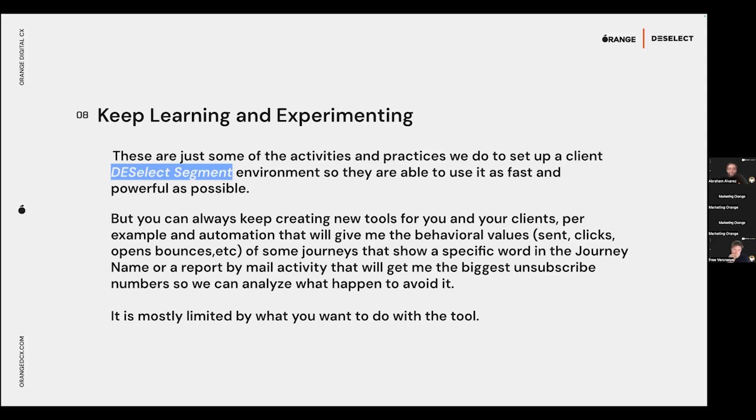So you can have by email the open, send, click, bounce and unsubs, by SMS the different values, and then report it all grouped by journey. Or you could report it by activity mail and maybe see which of the mails that I sent got my biggest unsubscribe. Why? What did I do wrong so we can avoid it next time? The tool is really mostly limited by what you want to do with it.